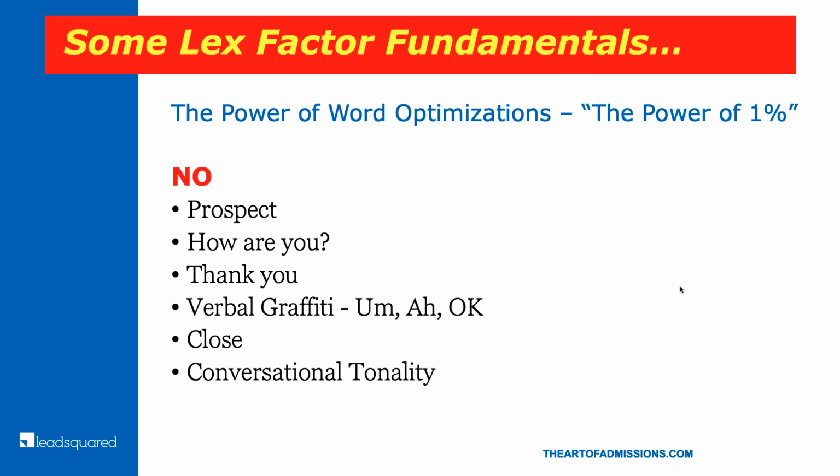Now, here are some no's in the power word optimizations. Words matter, phrases matter. And what I did in the process that I train all of our clients in is I took the admissions process, and I have been in admissions, as I said, for many, many years. And I then blew up that process, the process that almost all schools use by default. They've been handed down through years and years.